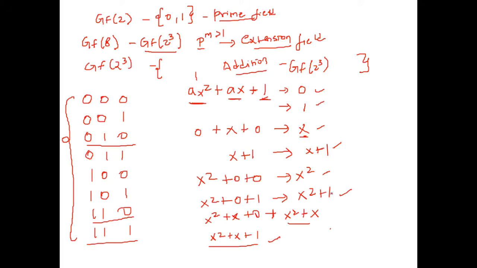Let's take these two elements: x square plus x, and we'll add it with x square plus x plus 1. Let's perform an addition of these two elements. So the very first operation we are going to look at is addition, and we are going to take x square plus x plus 1, and add it with x square plus x.